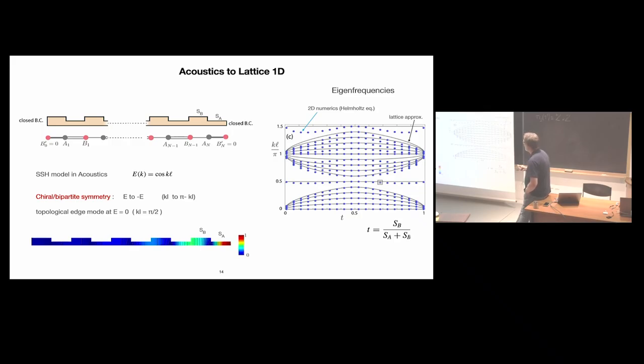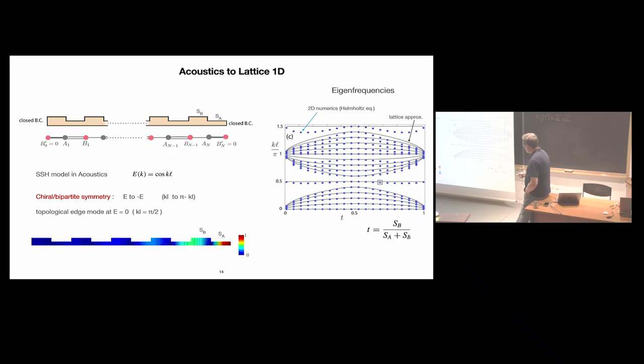Here it's a comparison of the 2D numerics, the points, with the lattice approximation as a function of t, and t is just when we change the ratio. Let's say that we keep S_A constant, and we just change S_B. And so we see, of course, that at lower frequency is where the graph approximation works best. Then when you increase, you see more and more the discrepancy.